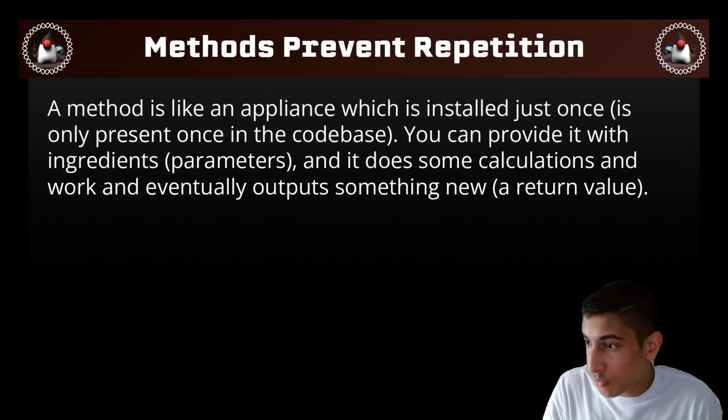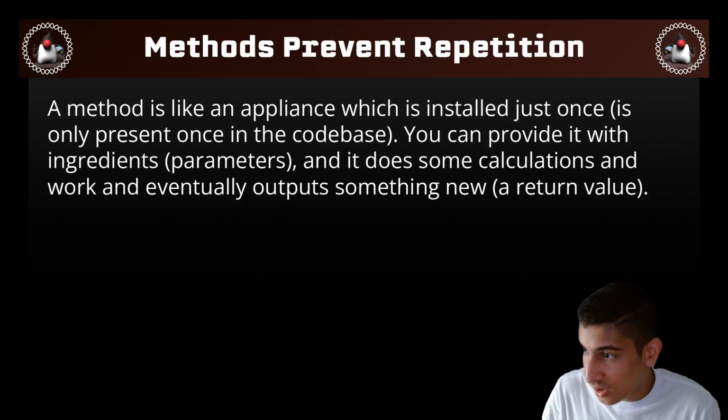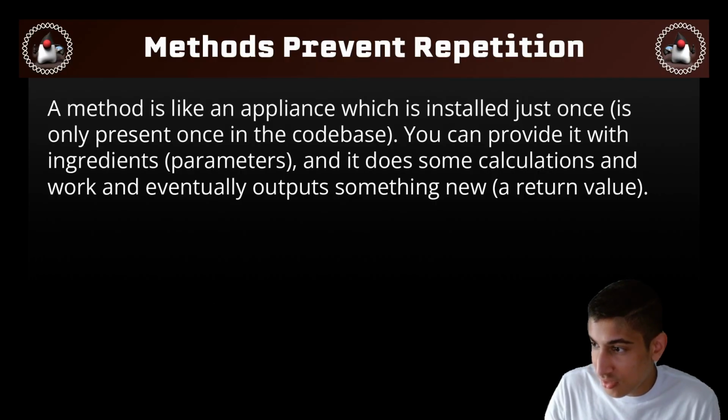And so we can provide it with ingredients, or parameters as they're formally called in Java. And the appliance or method does some work behind the scenes and it outputs something new, which in Java would be a return value.